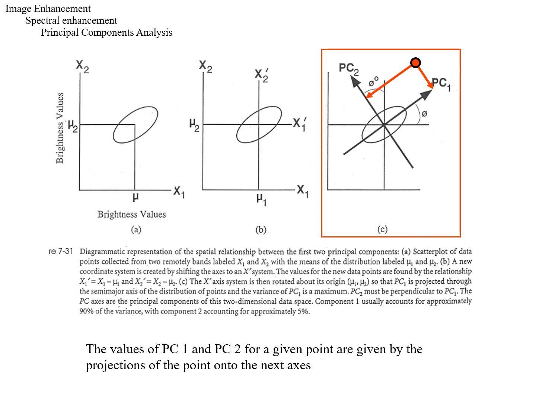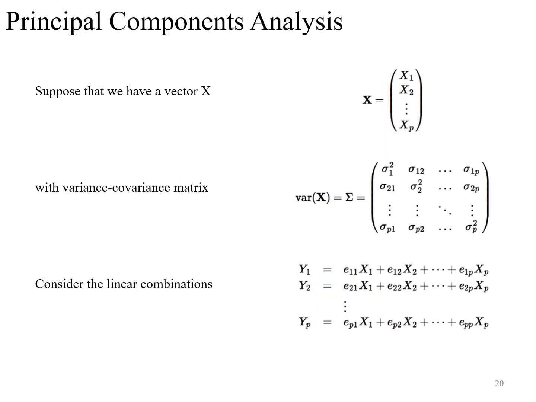So we're going to be measuring the distance along principal component 1 as its score for the first principal component, and then the distance along principal component 2 from the origin is going to be its coordinate value for that second principal component. So that's the very conceptual approach to how you're doing principal components.